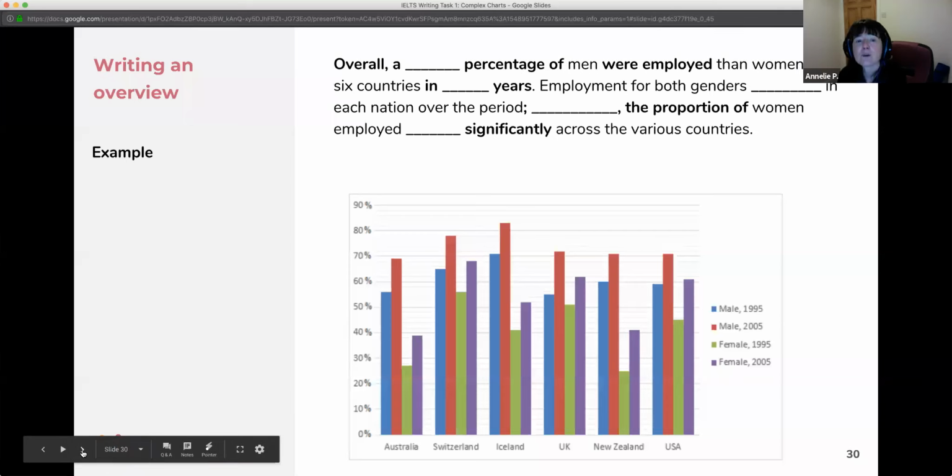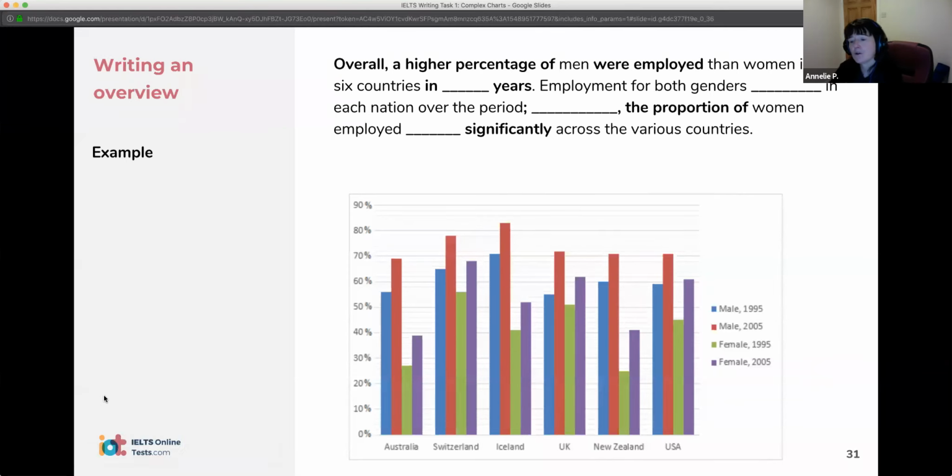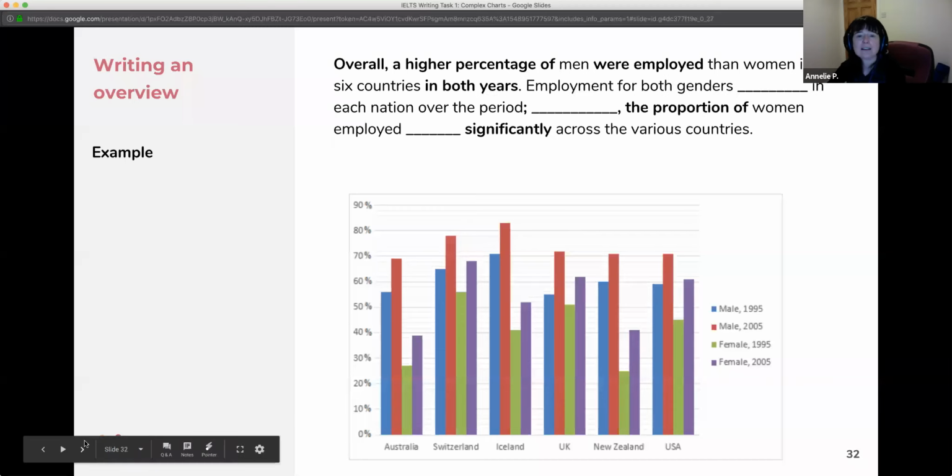So then we're going to look at the difference between the men and the women. What are we going to put in the next gap in front of the percentage? A higher percentage of men were employed than women in all 6 countries. Very good, everybody. And then the next one, in both years. Remember, it's 2 separate years that we're talking about. And then we're looking at the genders.